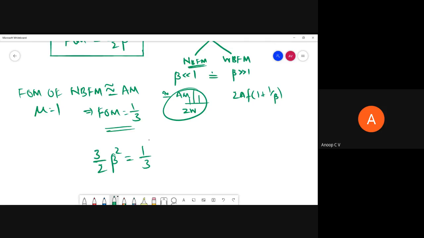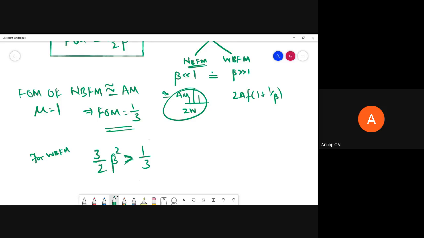So in that case, for single tone modulation to be WBFM, 3 by 2 beta square should be greater than or equal to 1 by 3, or the limiting case is 3 by 2 beta square equal to 1 by 3. So for wideband FM, 3 by 2 beta square is greater than 1 by 3.